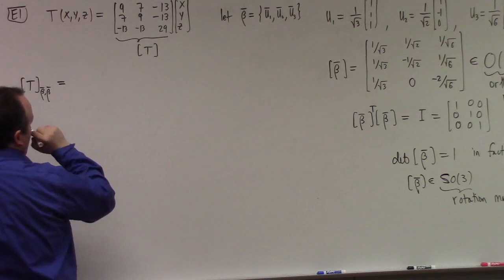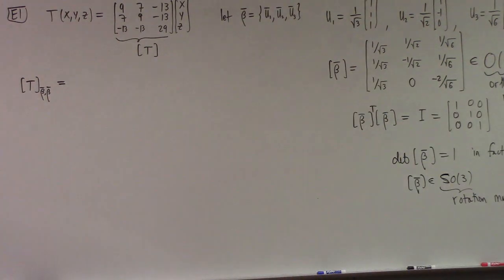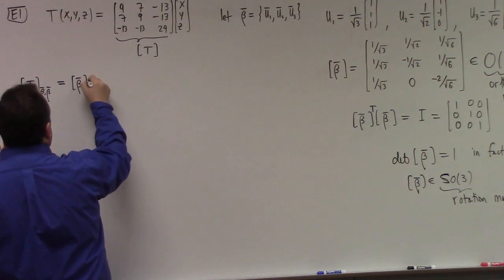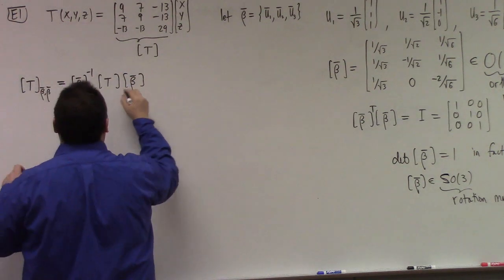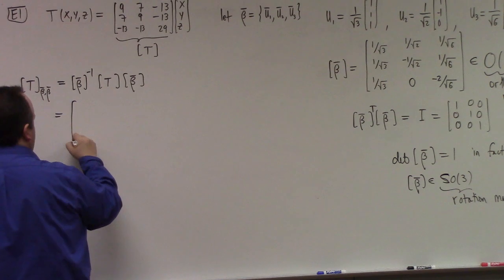All right, so thankfully we just do beta bar inverse times the standard matrix of T times beta bar again. And how does that go? Beta bar inverse is actually the transpose, right?